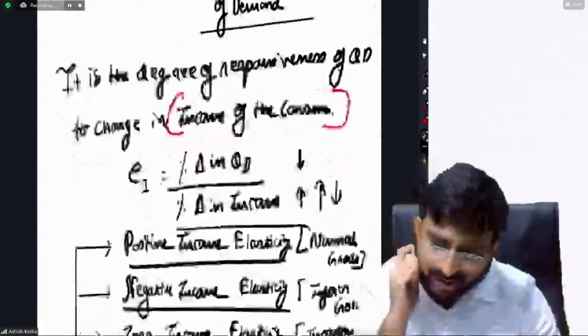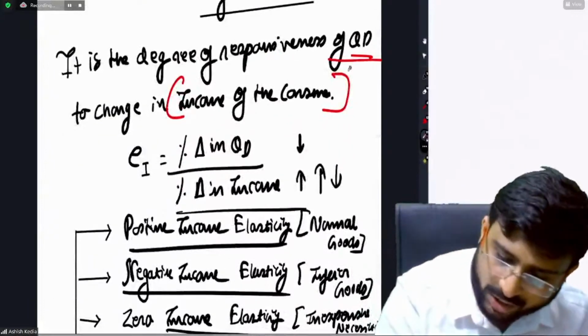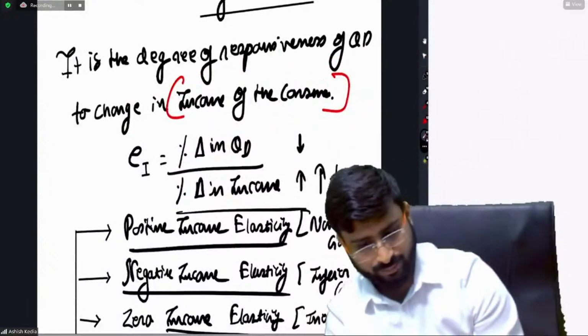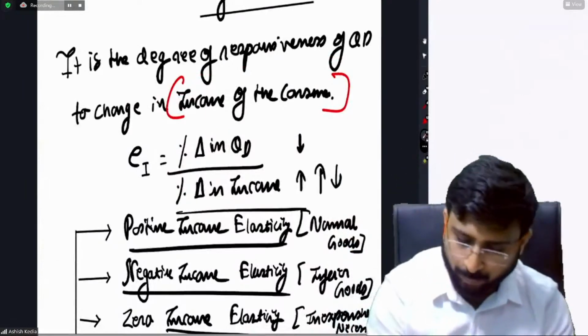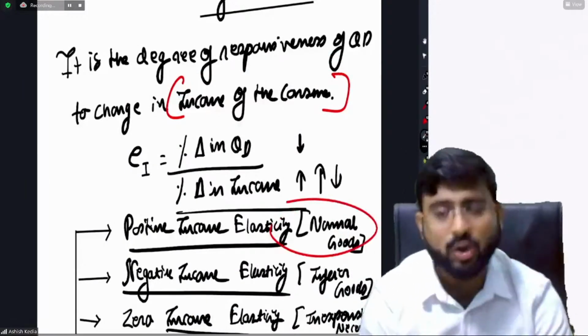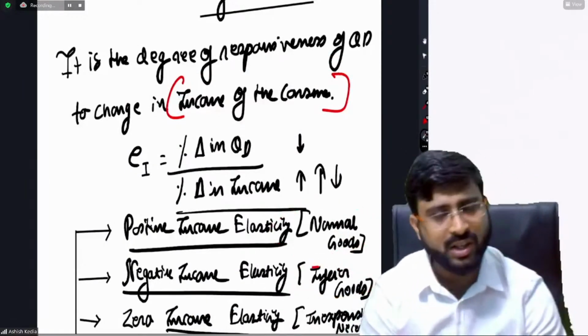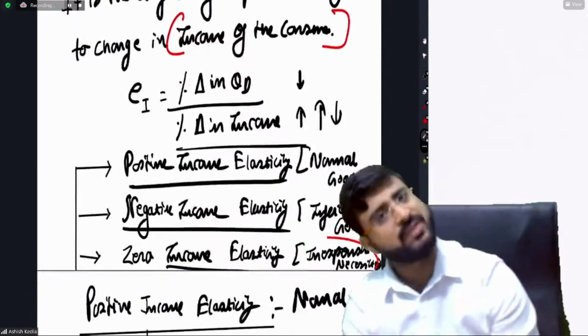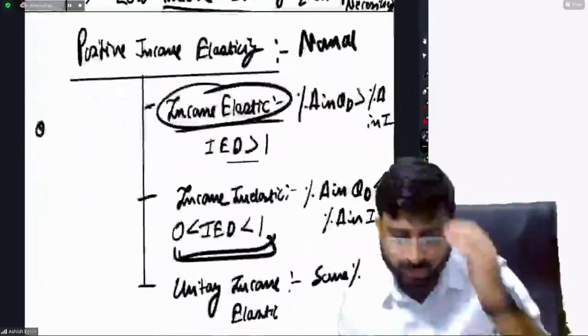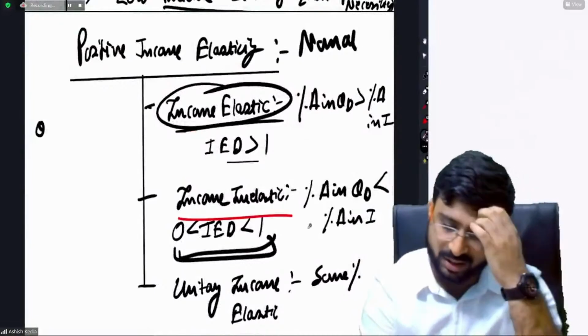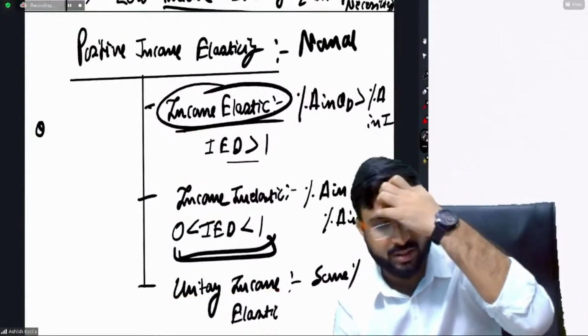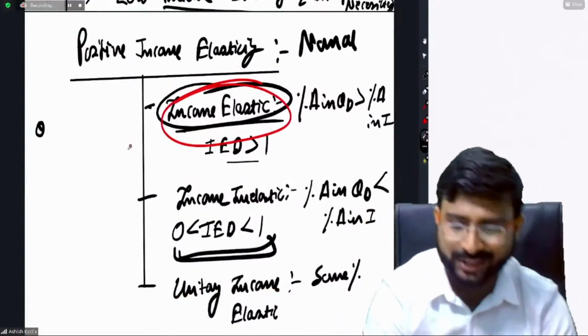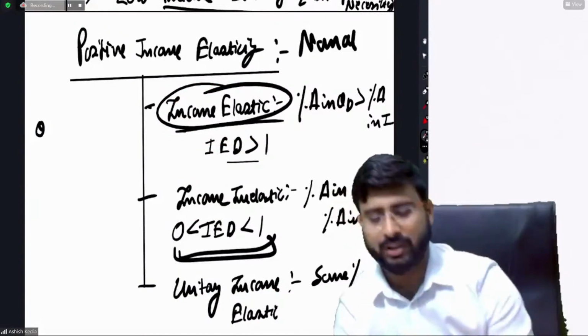Okay. So what is income elasticity? Change in quantity demanded due to change in income. Three types: positive, negative, zero. Positive is for normal goods, negative is for inferior goods, zero is for inexpensive necessities. Again, positive has been divided into income elastic, inelastic, or unitary income elastic. Income elastic, value is greater than 1.